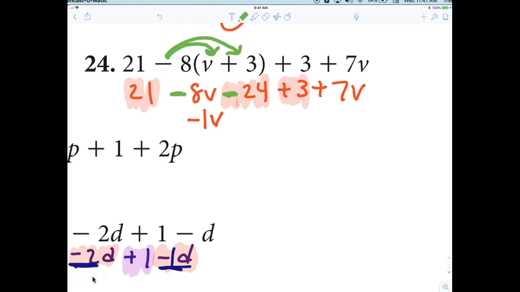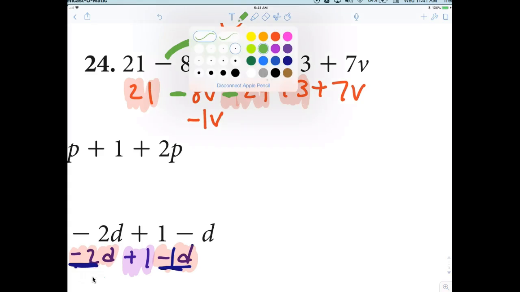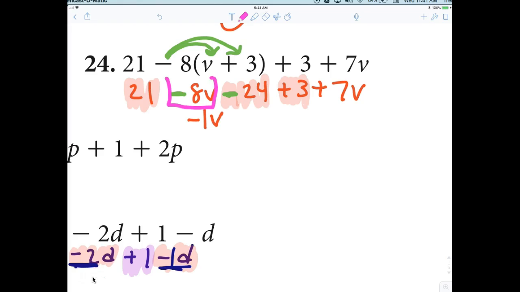Then I add the v's. -8v plus 7v is -1v. And then 21 minus 24 plus 3 is 0. Everybody good on that?